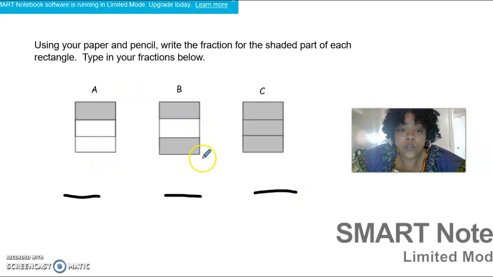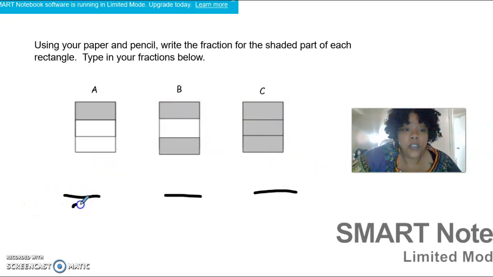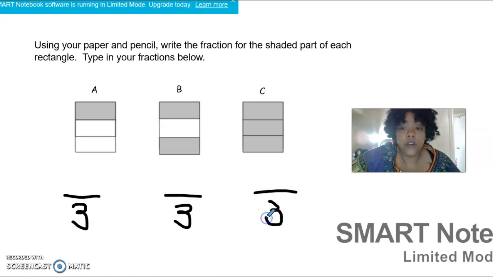Each of these wholes was partitioned into 3 parts. So I know my total number of parts is 3. So I'm going to write 3 at the bottom of each fraction line, because I know that number will not change. The whole has not changed, so my total number of parts will not change either.